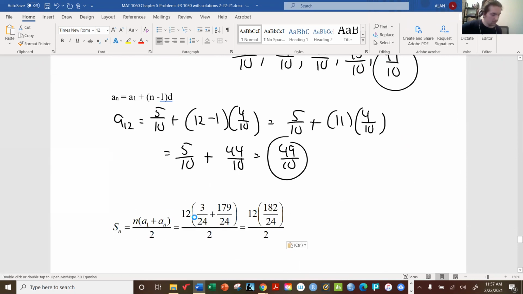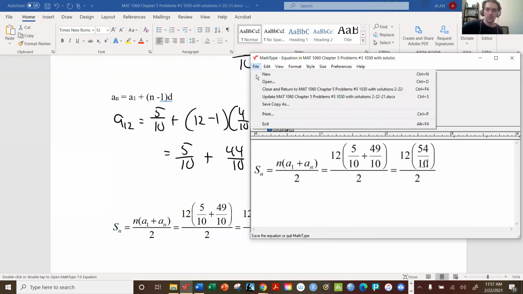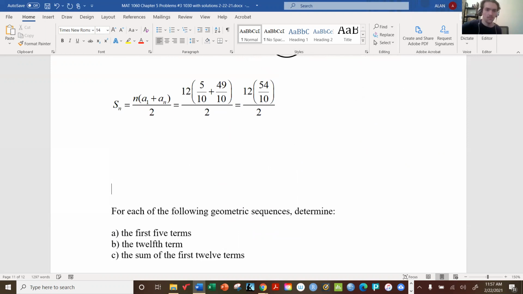So we started out, the first term was 5/10. Then we ended up with 49/10. So we're going to end up with 12 times 54/10. And where do we take it from here? A little simplification.